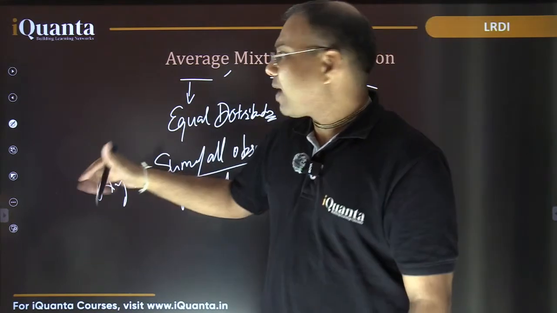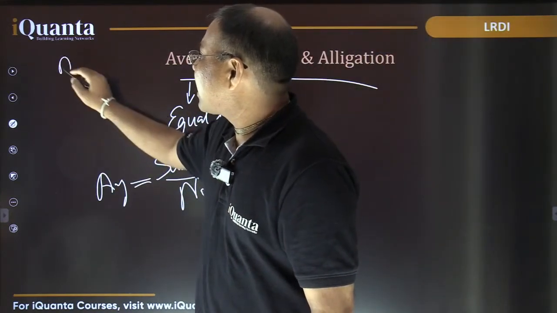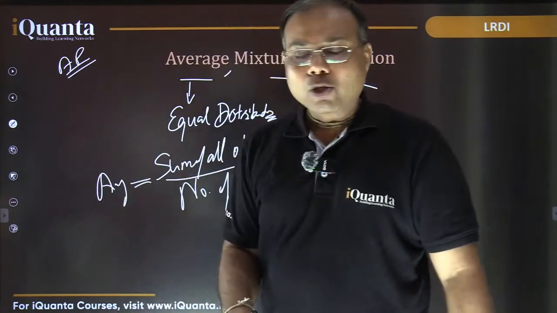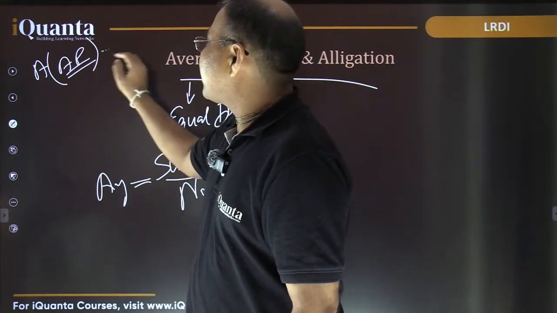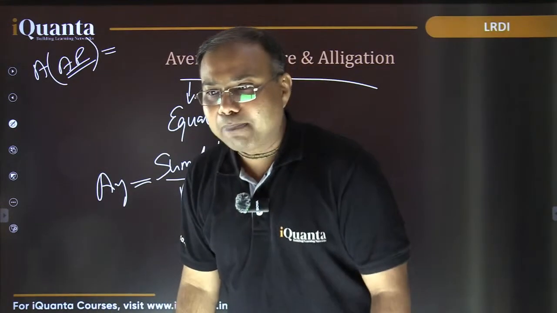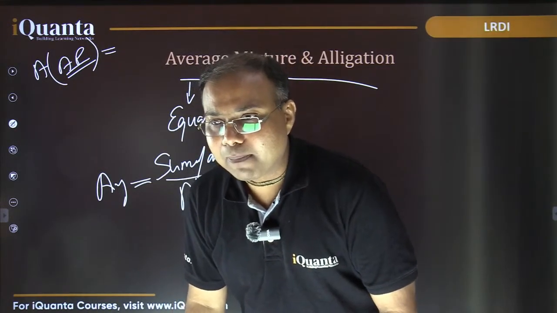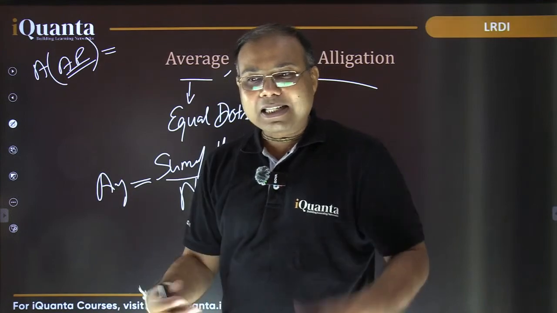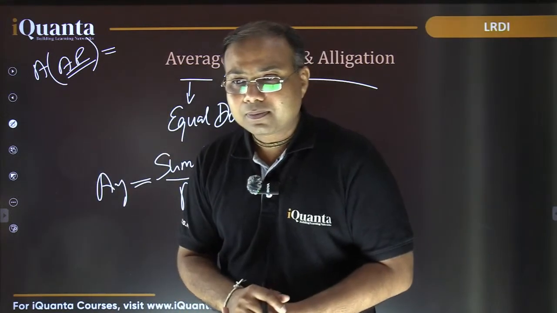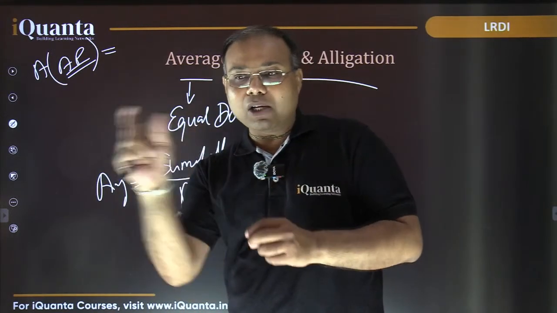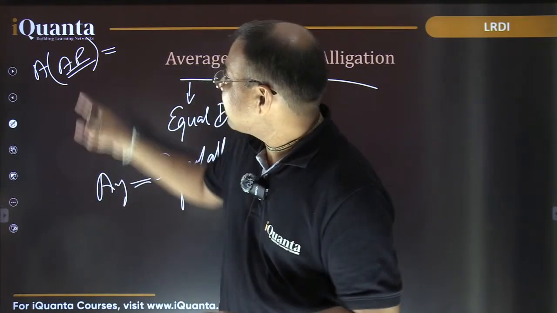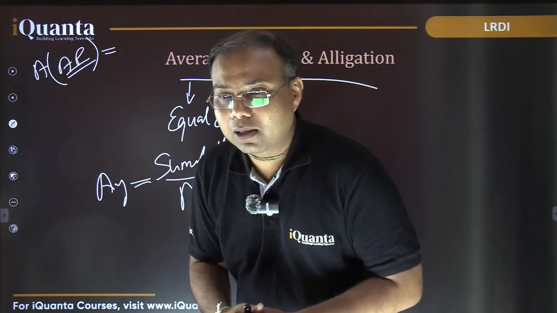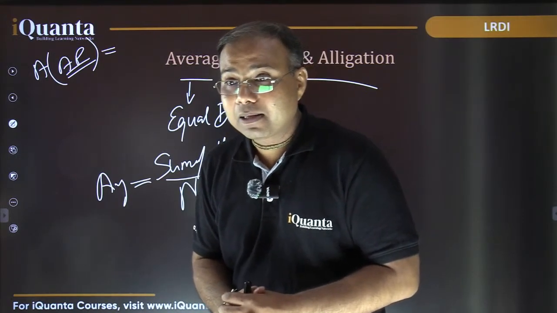And in case the terms are in AP, can you tell me the average of an AP? AP, all of you are familiar with, right? AP is where there is an equal difference between every two consecutive terms. So what is the average of an AP?